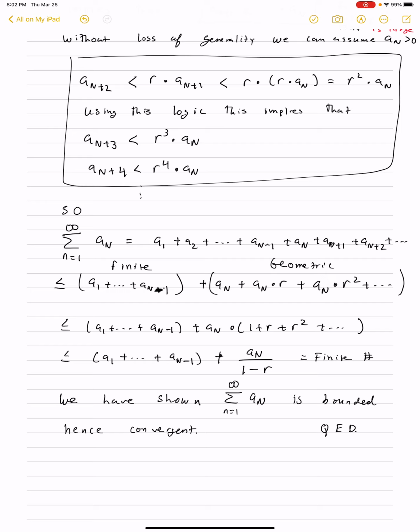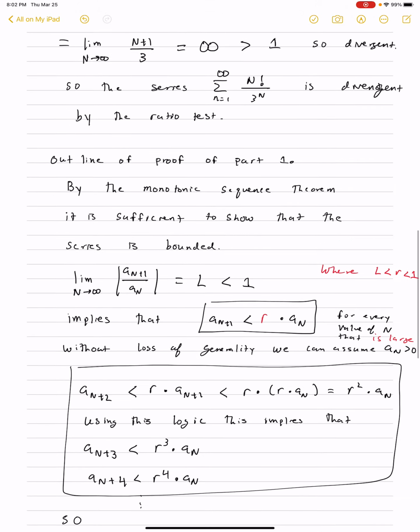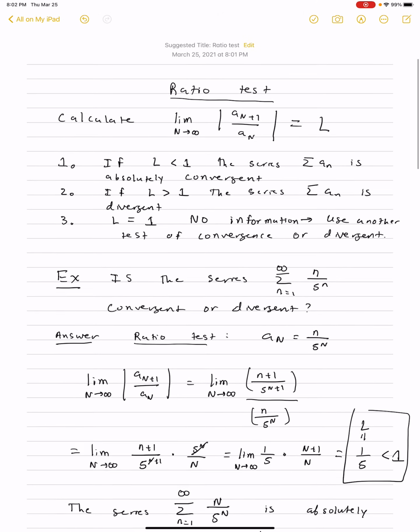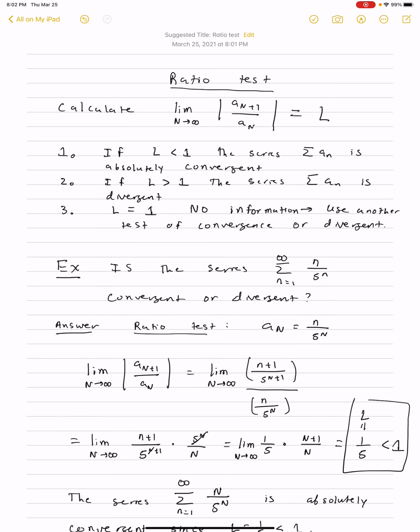Okay, so this was just a little bit extra as to why it works. What I really want you to take away is, first, the statement of the ratio test. If the ratio is less than 1, the series is absolutely convergent. If L is greater than 1, the series is divergent.